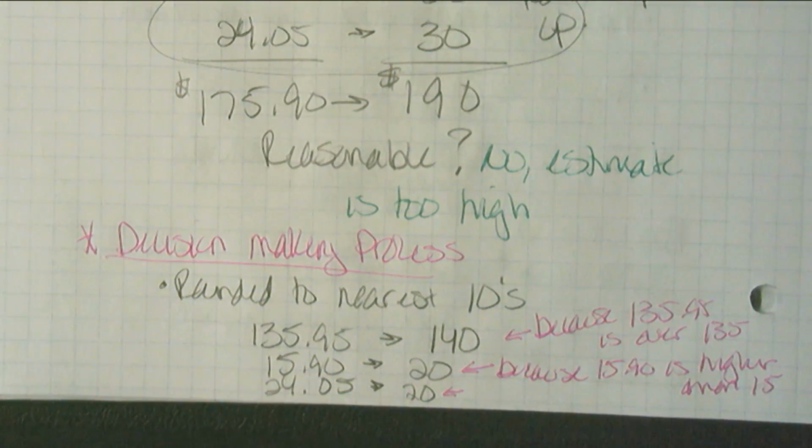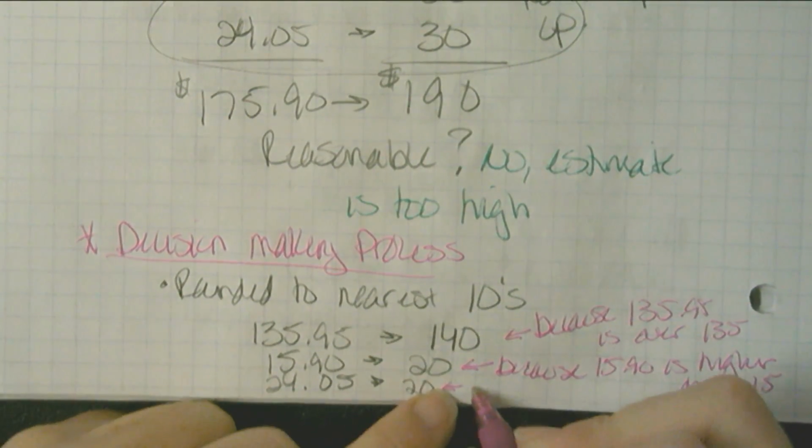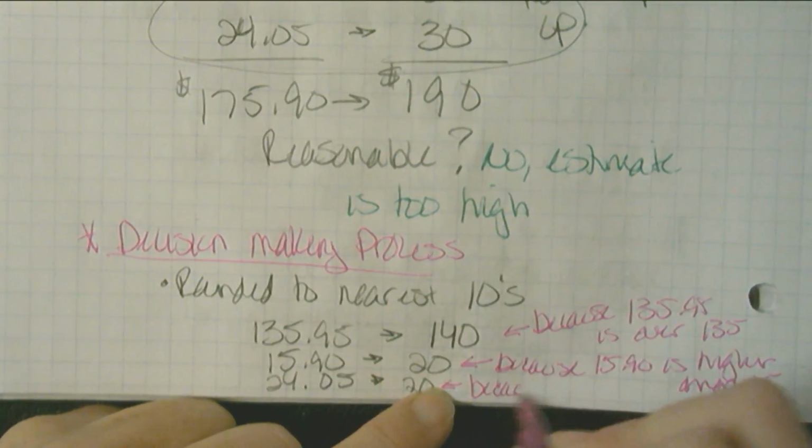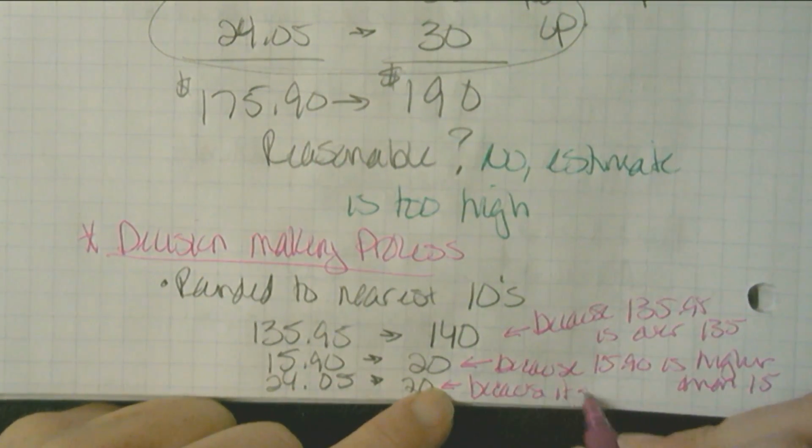If you end up rounding all 3 of these down, you're going to be too far low. So you do have to consider, okay, I rounded 2 of them up, rounding 1 of them down because it was so close to that 5 mark, that's going to work, right? If you round all of them up, you're going to get too high. So use your decision making, okay? All right, I'm going to say 24.05 because it is below 25.